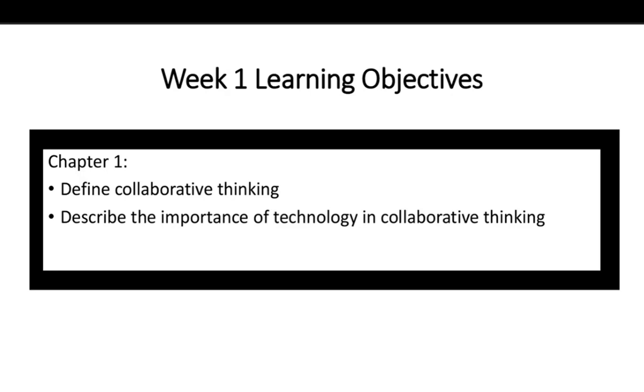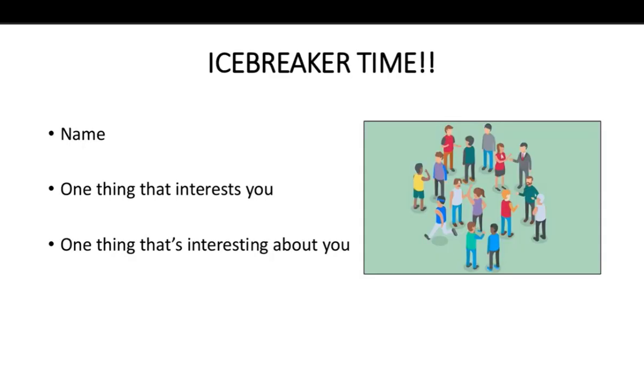of this web conference. But before we do anything else, let's find out more information about each other with an icebreaker, everybody's favorite. Okay, so in the chat area, I have placed a Flipgrid link.